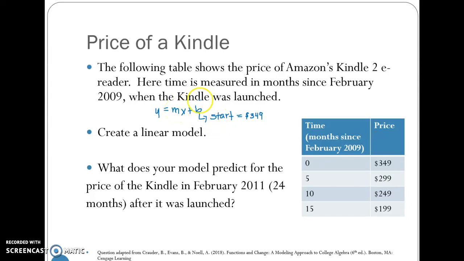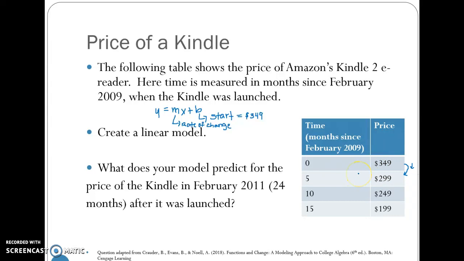In our equation, the m in real life equals the rate of change. And when we look at this data, we see that the price was definitely going down. So it's decreasing in this time frame.